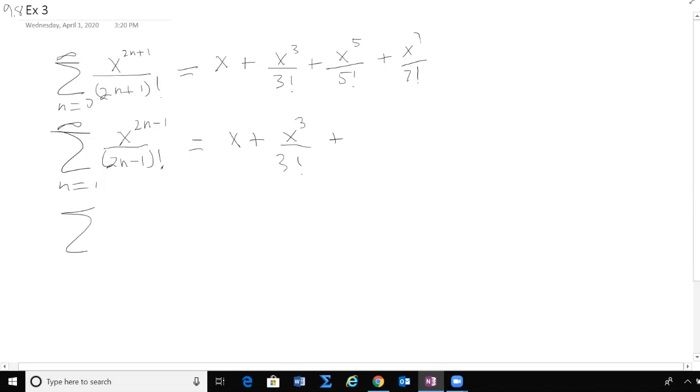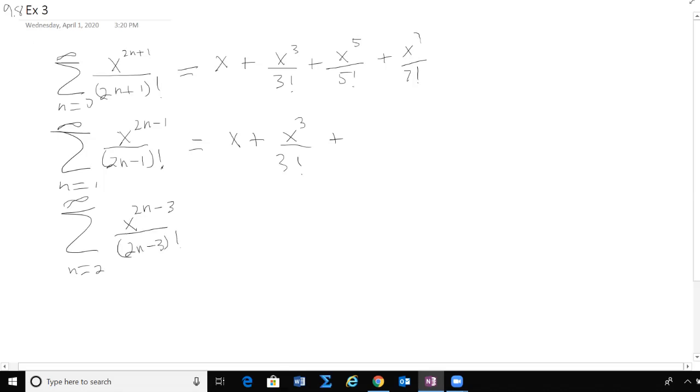So for example, if you wanted to go to n equals 2, then we'll have to have x to 2n. Let's see, we'd have to make this a minus 3, because that would be a 4 minus 3 is 1, and then 2n minus 3 down here.